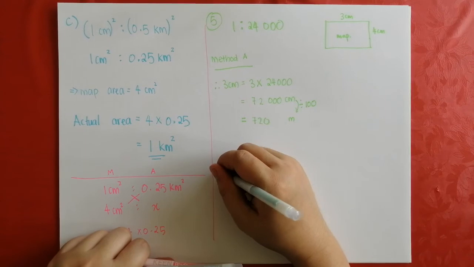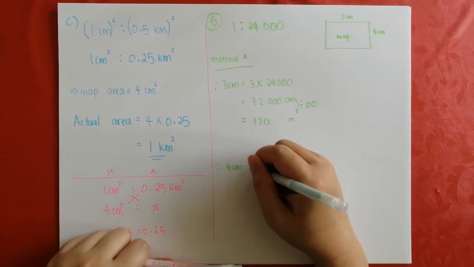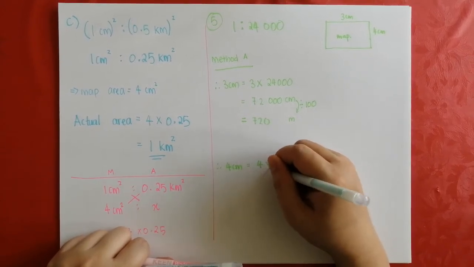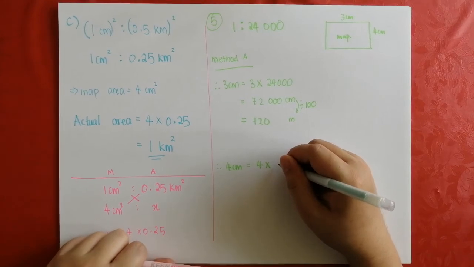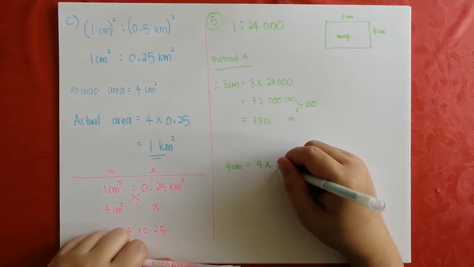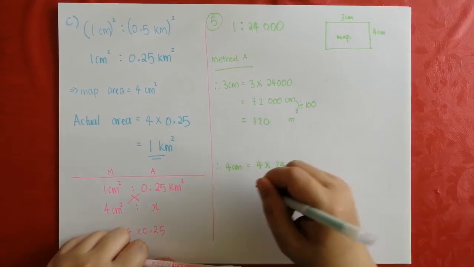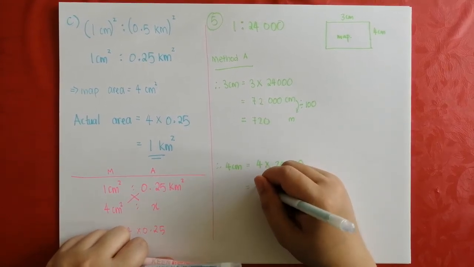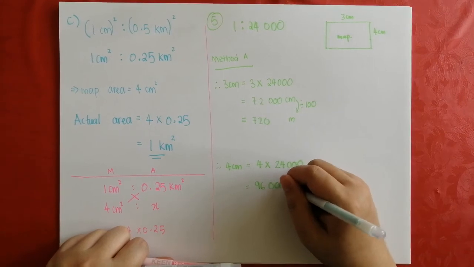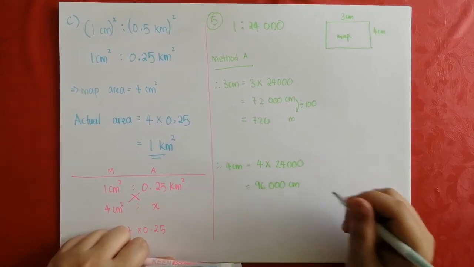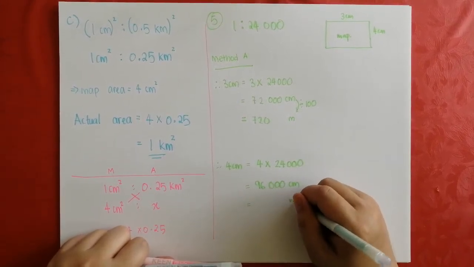Same thing goes for the 4 cm. Converting the 4 cm on the map to actual, diagram multiplied by the scale gives you 96,000 centimeter. That is in centimeter, so let's convert that to meter.